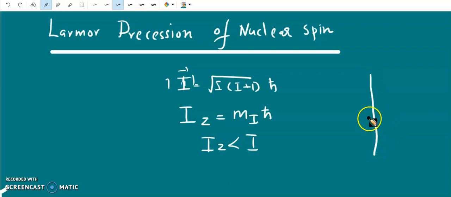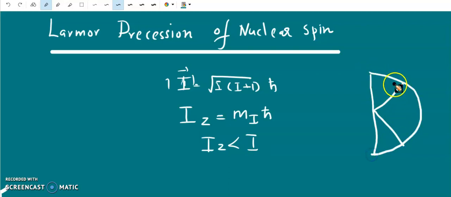For example, we consider I equal to half. So mi can have two values, minus half and plus half. The magnitude of the angular momentum vector is root of I into I plus 1 times h cross, and Iz is mi times h cross.